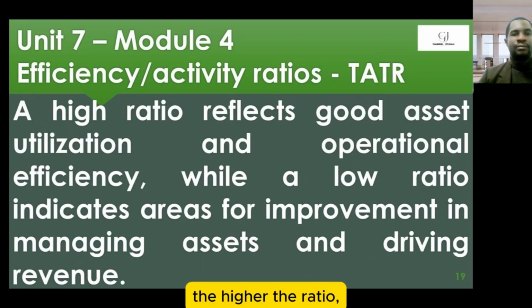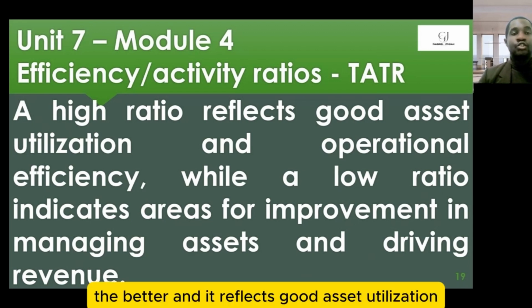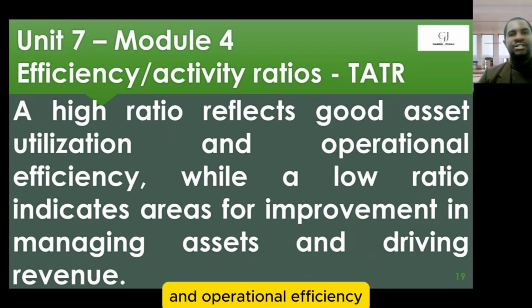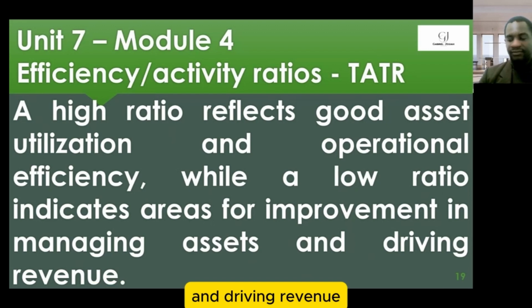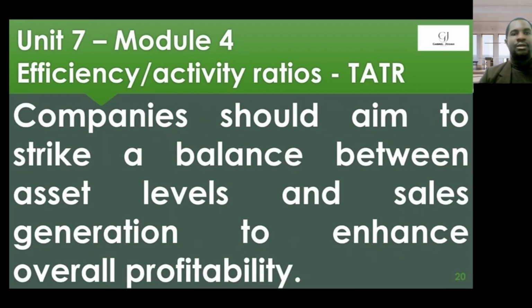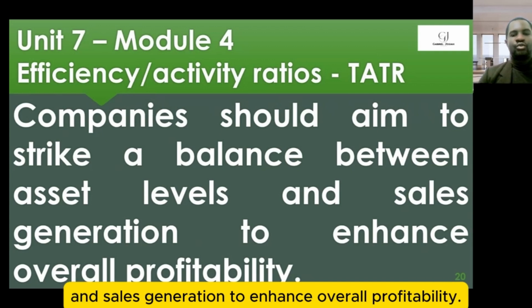The higher the ratio, the better, and it reflects good asset utilization and operational efficiency, while a lower ratio indicates areas for improvement in managing assets and driving revenue. So companies should aim to strike a balance between asset levels and sales generation to enhance overall profitability.